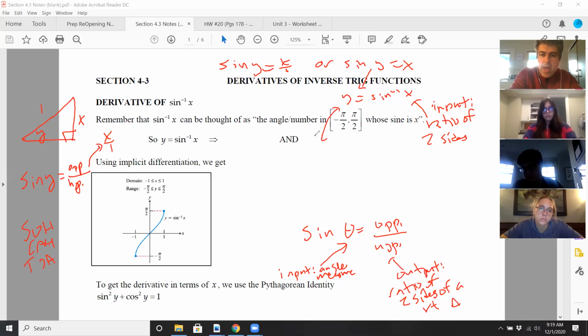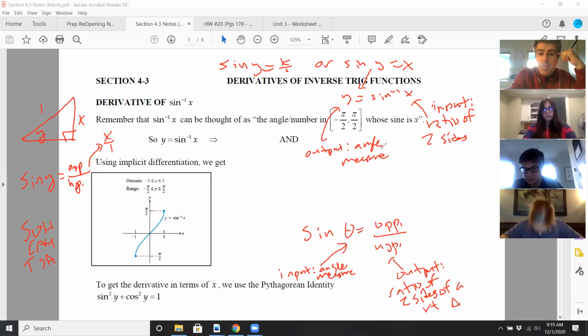And the output is now an angle measure. So that's something we just have to make sure we're very clear about. So in this case, if y equals inverse sine of x, well, then x equals sine y. Hope that makes sense.